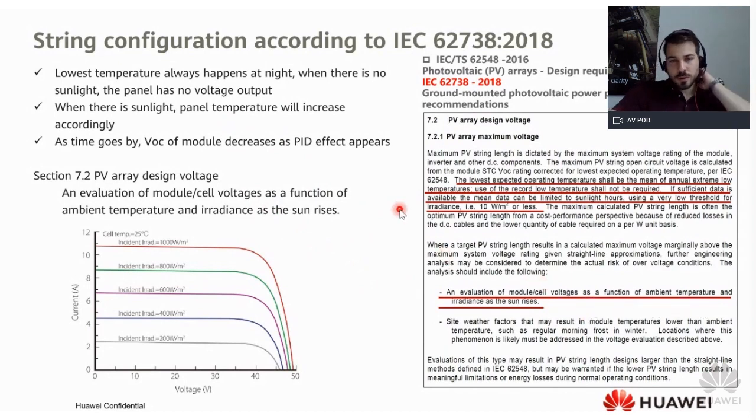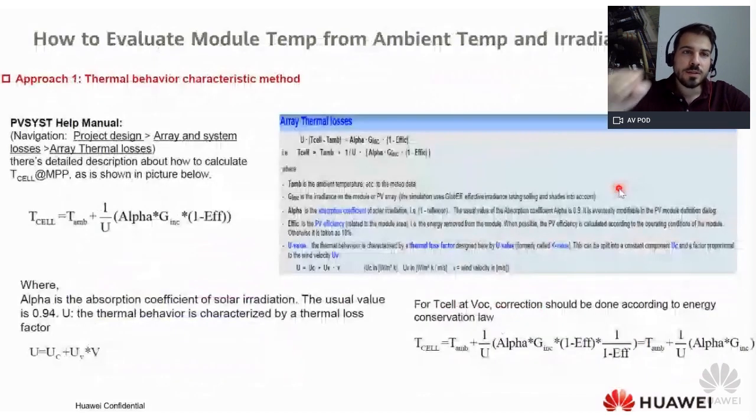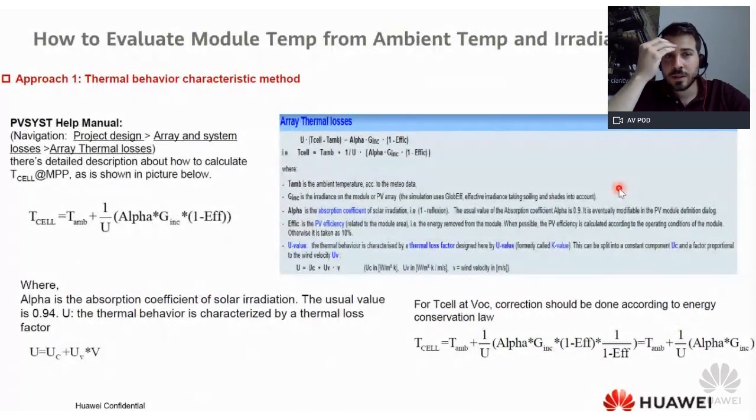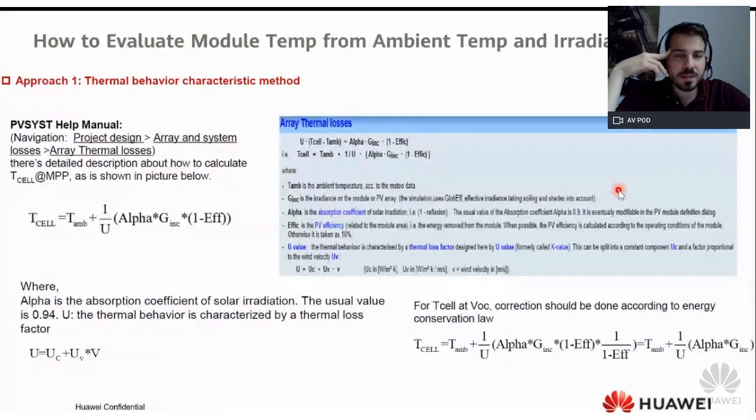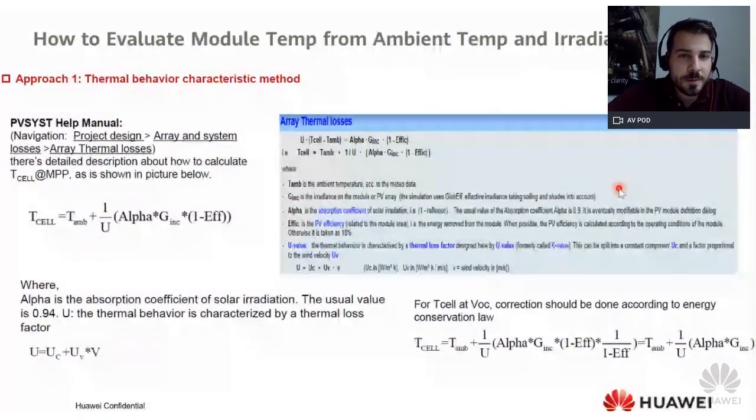It is, I think, quite a difficult topic, but I hope I can explain in the next slides how it can be interpreted and evaluated. There are different approaches for calculating the thermal behavior of the PV panel. First, we start with the one mentioned in PVsyst.